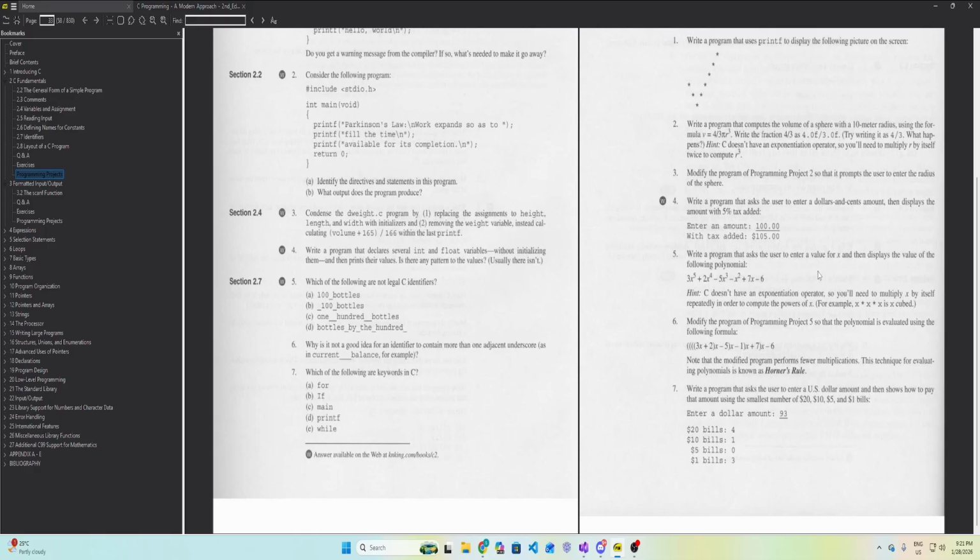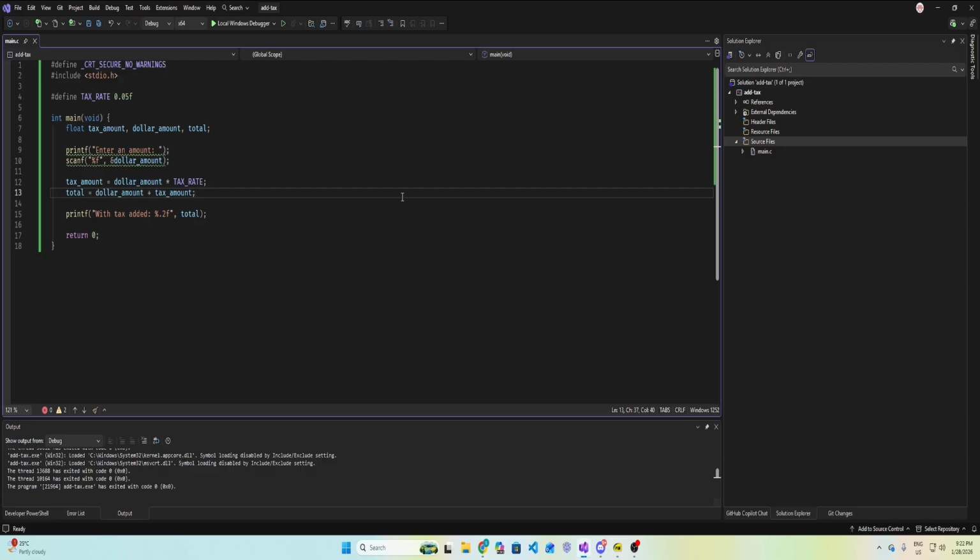Write a program that asks the user to enter a value for x and then displays the value of the following polynomial. This is going to be tedious. Because C doesn't have the power operator, so it's basically x times x times x times x. Okay.